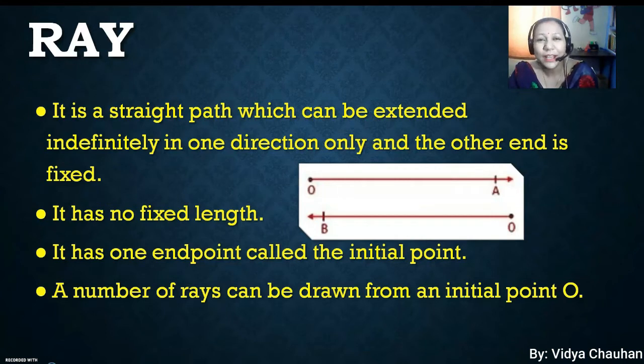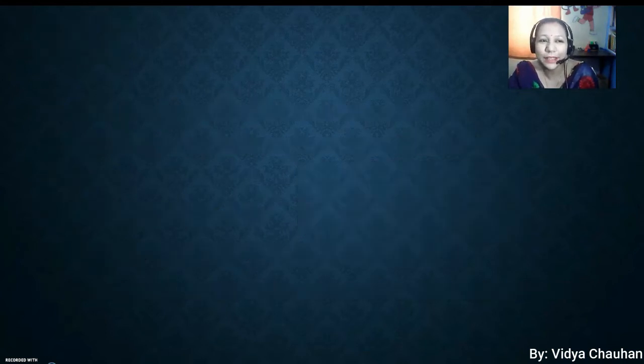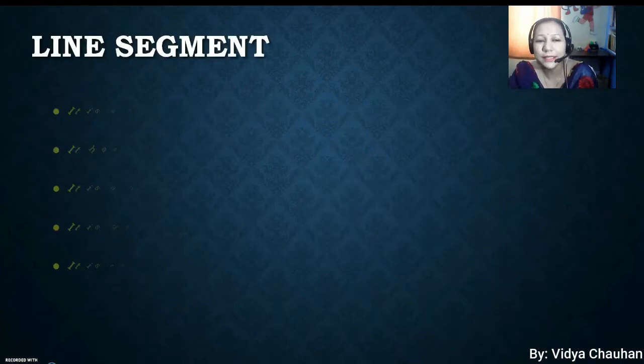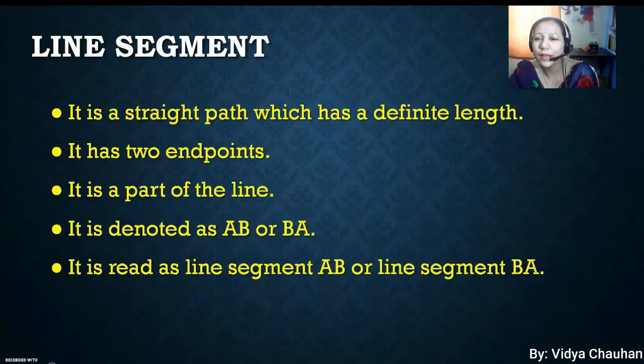Clear, students? Let's move forward, and next is our topic, line segment. So what is a line segment? It is a straight path which has a definite length. Till now we were talking about indefinite. Indefinite means extended on both sides up to our choice.